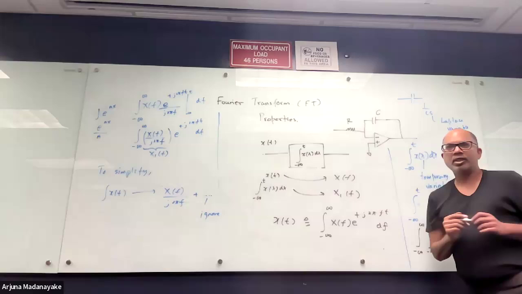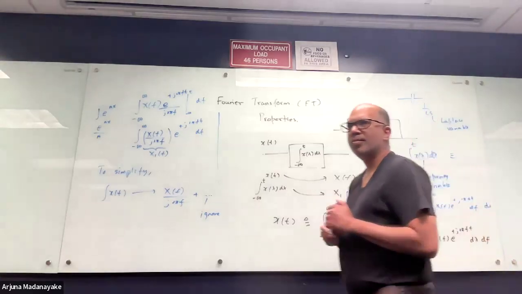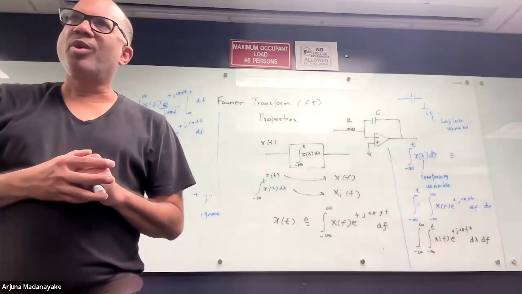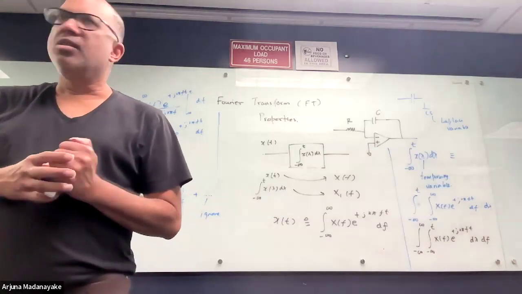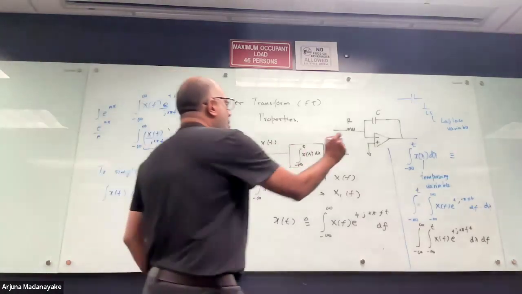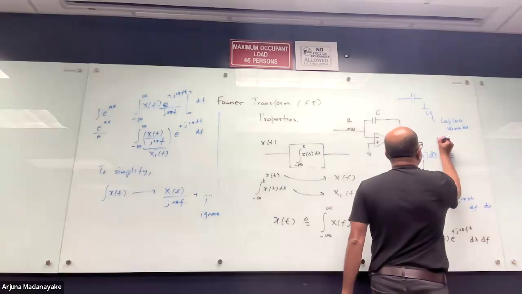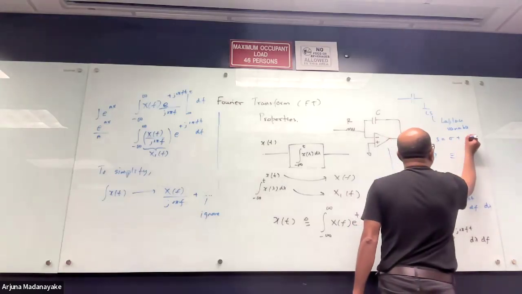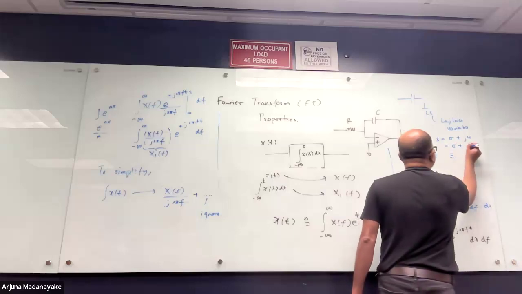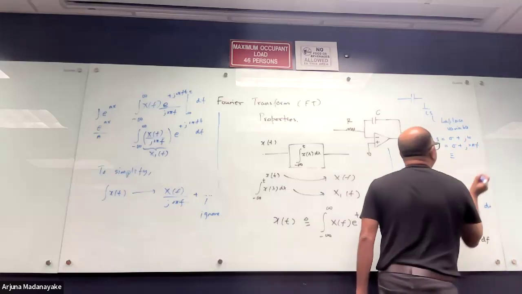Have you done basic control systems somewhere? Anybody done Laplace? Everybody done Laplace transforms? All right. So this is the Laplace variable, right? S is equal to sigma plus j omega, which is equal to sigma plus j 2 pi f.